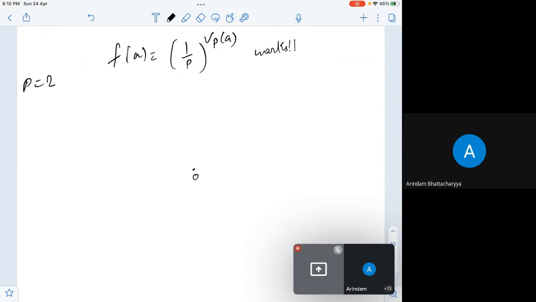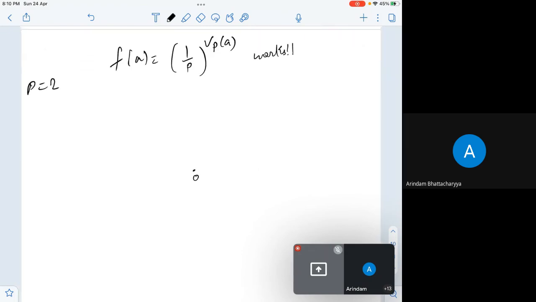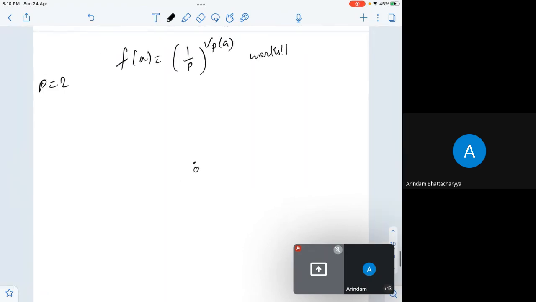At distance 1 you have numbers like 1, 3, 5, 7.